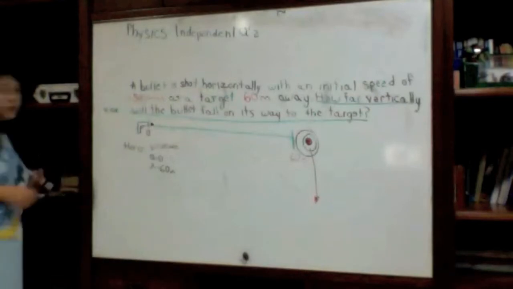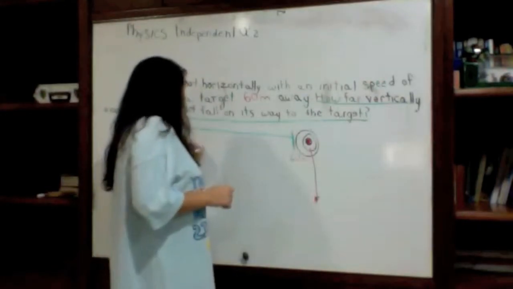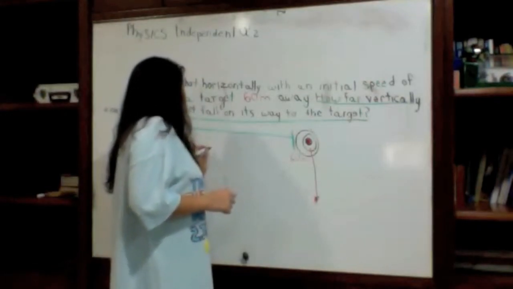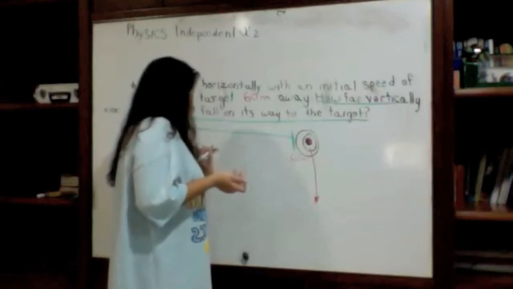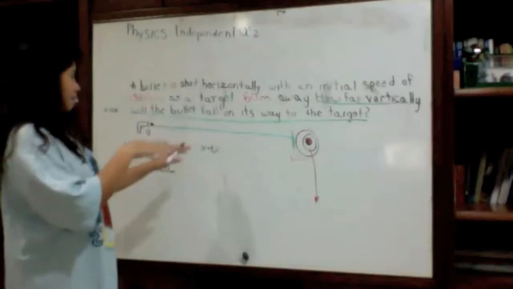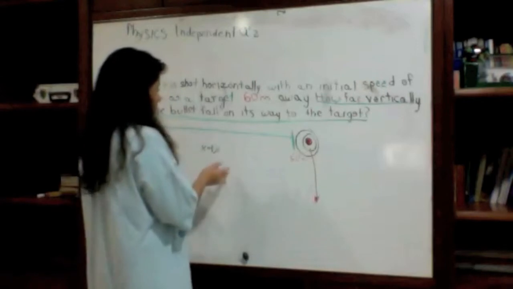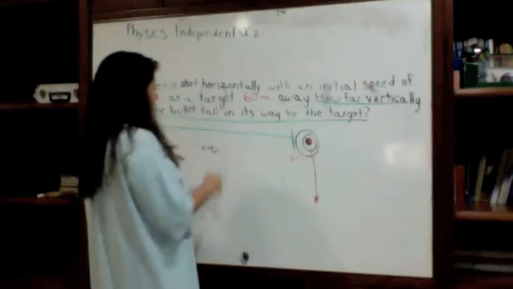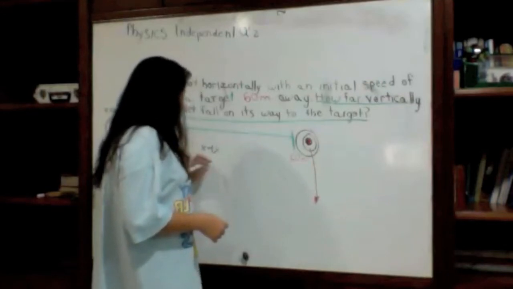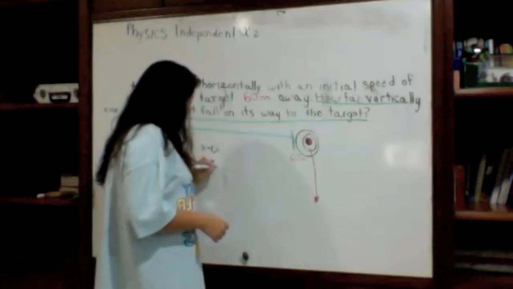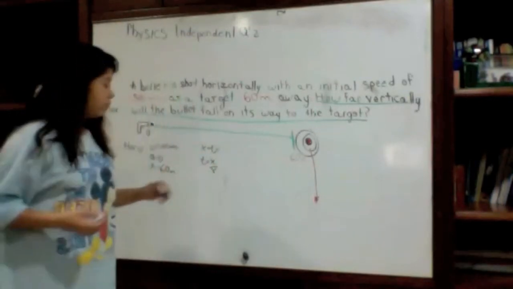Now we are going to use the equation x equals initial velocity times t. We have t as the left out variable, so we solve: t equals x divided by the initial velocity. And now we substitute.